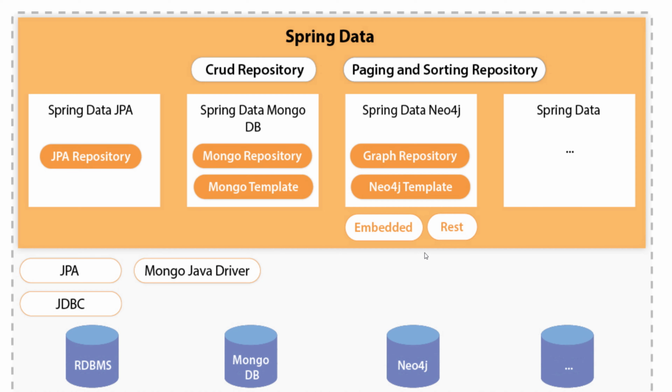So if you are curious about what it is and how it can make your life easier in Spring, stick around. Okay, so what's Spring Data JPA? Spring Data JPA is a part of the Spring ecosystem that makes database access super easy.